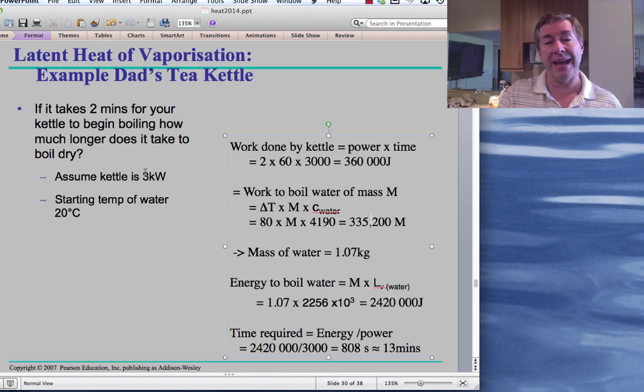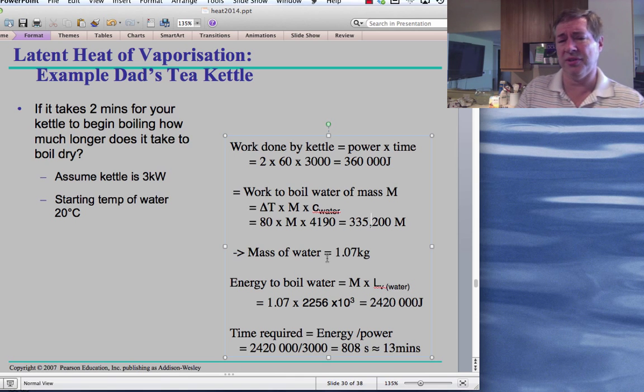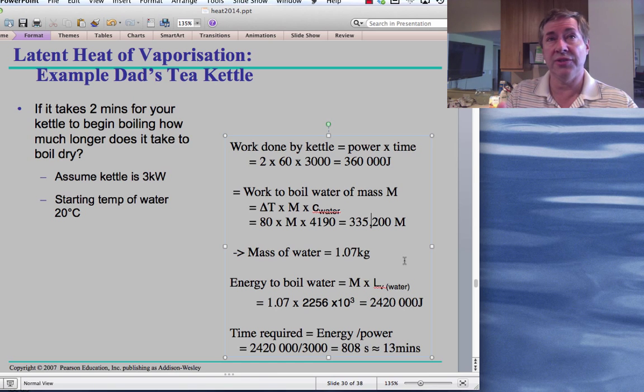If, of course, I had a less powerful heater, then it would have taken more time for a kilogram to come to a boil, or if it took 2 minutes, it would have been less water. The results, though, are going to come out the same anyway, because those things cancel out. If you have more water, it takes longer to come to a boil, and it also takes longer to boil away.